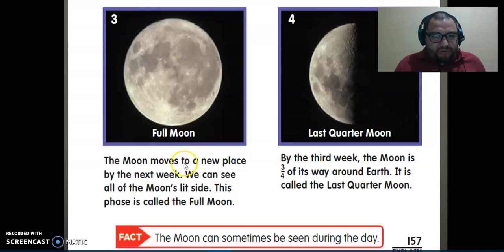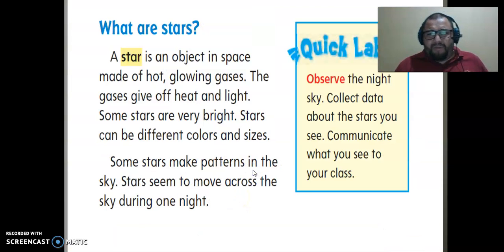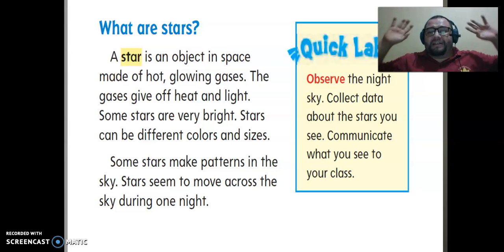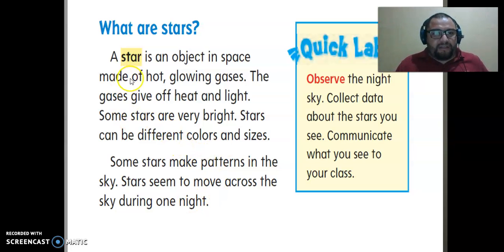The moon moves to a new place, but the next week we can see all of the moon's lit side. And the third week of the moon is the three quarters. Don't worry. The only thing that you have to learn in this unit is the phases of the moon.